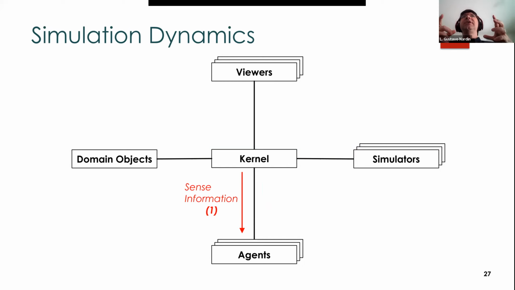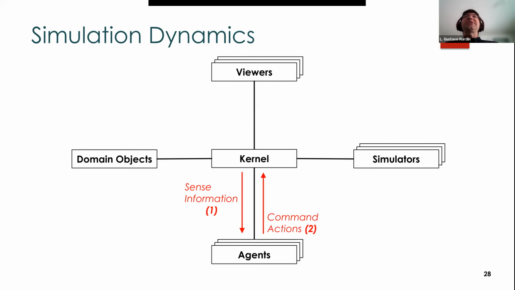So the kernel observes in the environment what are the possible disaster situations or features that each one of the agents can observe. It packs it into a sense object and sends that information to each one of the agents. So the agent receives what happens in its surroundings.